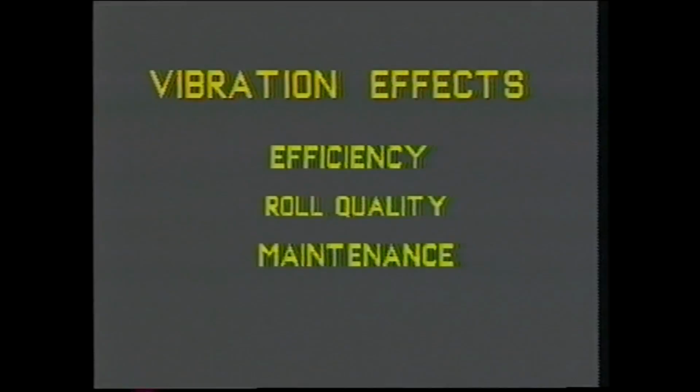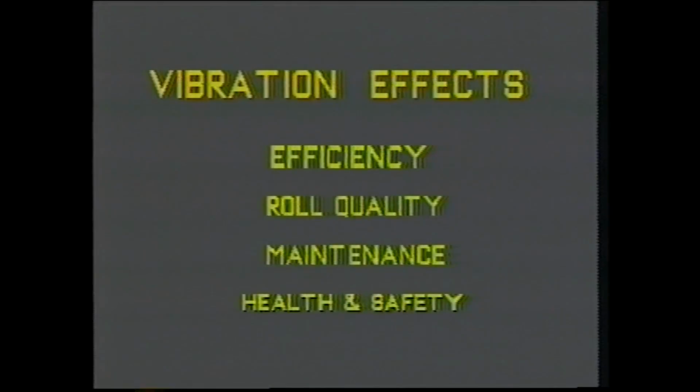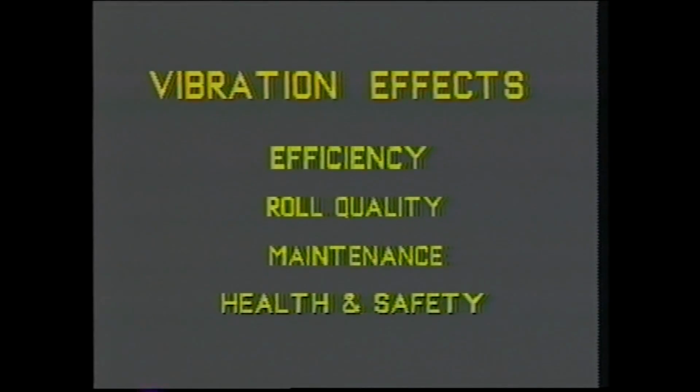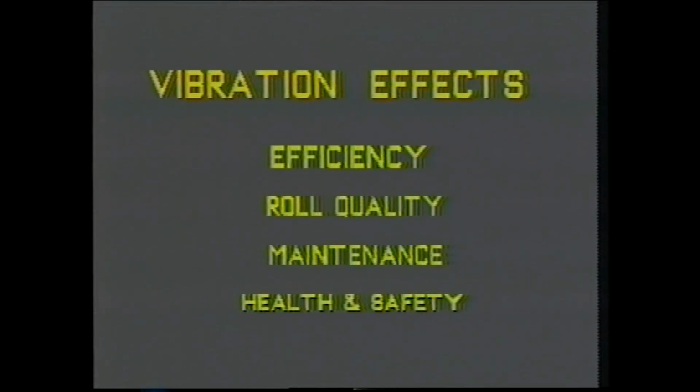Maintenance costs can be increased due to frequent repair of machine components, such as clutches, couplings, and bearings, resulting from increased dynamic loads. Finally, worker health and safety can be jeopardized if vibration results in physiological stress, noise, or the threat of thrown rolls. For these reasons and others, vibration can be a costly problem which deserves diagnostic and remedial action.